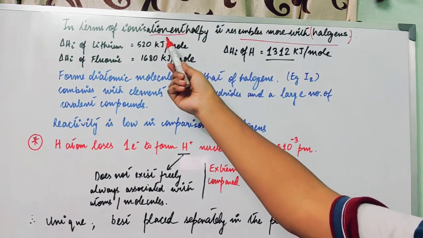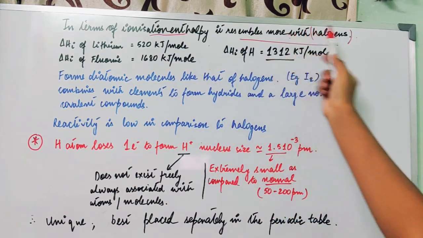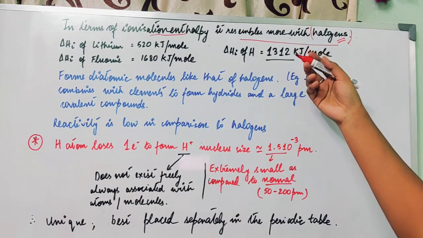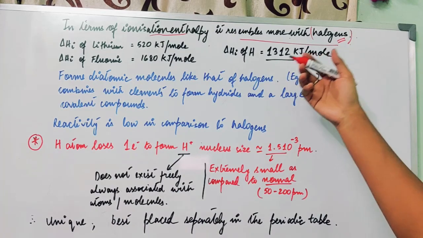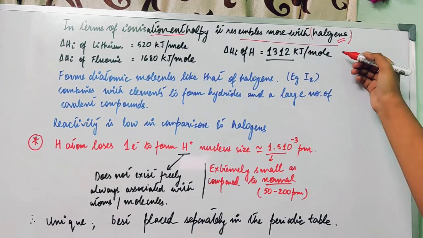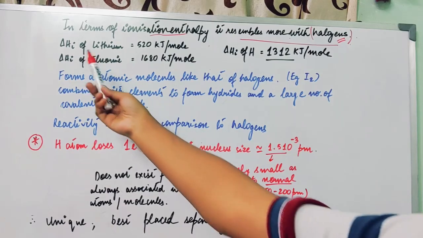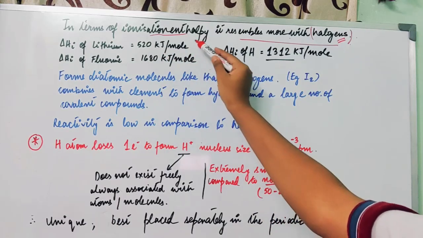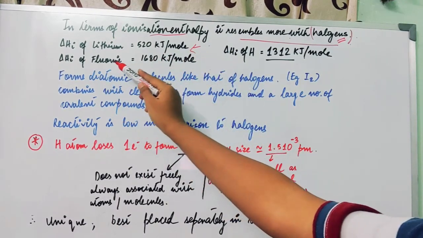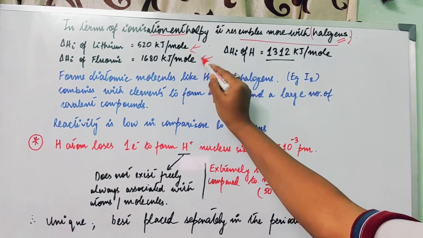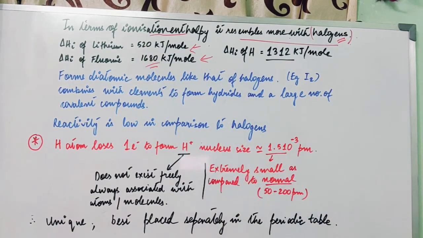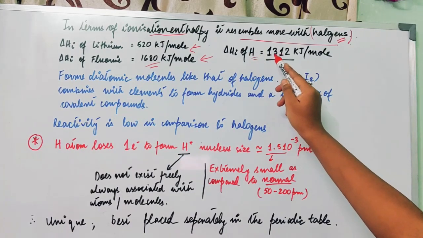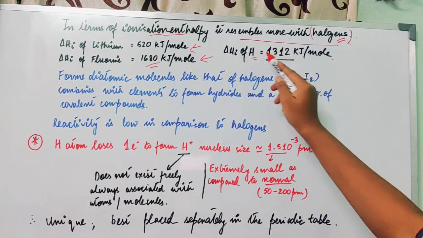Similarly, in terms of ionization enthalpy, it resembles more the halogens. As I already said, it has very high ionization enthalpy, which is quite a difference with respect to the alkali metals. You can see the ionization enthalpy of lithium is 520 kilojoule per mole, and the ionization enthalpy of fluorine is 1680 kilojoule per mole, while the ionization enthalpy of hydrogen is 1312 kilojoule per mole.